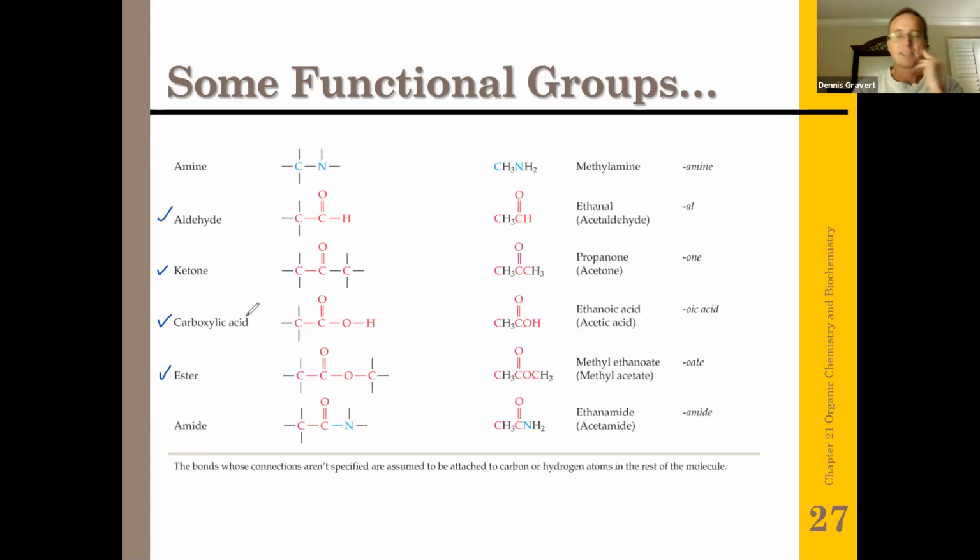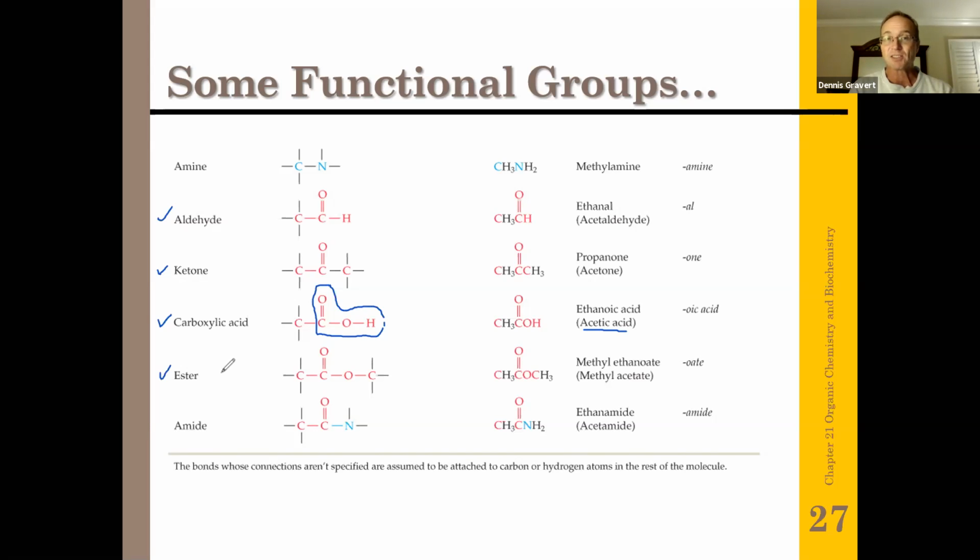Carboxylic acids, you actually saw these in all those ice tables of weak acids and bases, like acetic acid. Oh, here it is right here. The molecule found in vinegar is acetic acid. The IUPAC name is ethanoic acid. So you've seen these weak acids already. That's a functional group. These 4 atoms make a functional group called the carboxylic acid.